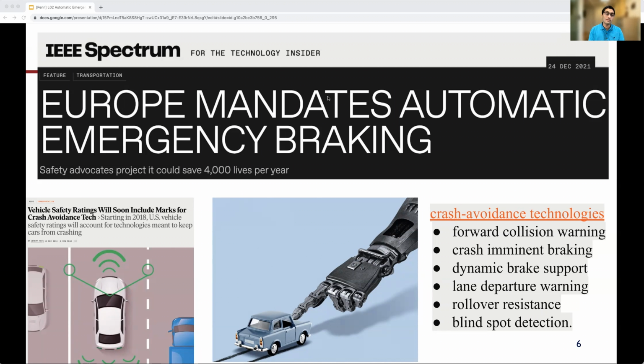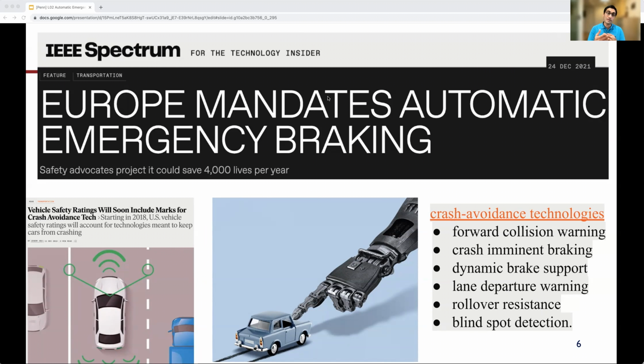And this will include a variety of related AEB technologies, such as forward collision warning, as we saw in the previous video, and crash imminent braking. So this is not just giving a signal to the driver in terms of an audio or a visual signal, but also taking over the controls from the driver to prevent the crash from happening.